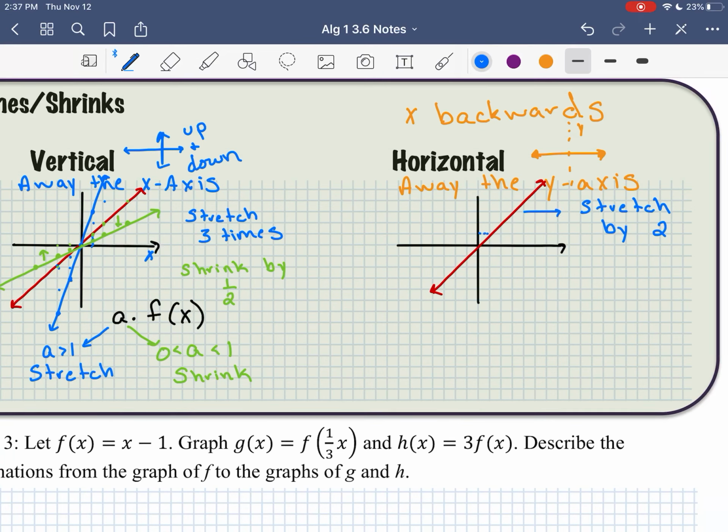So this one's over 1, I need to now make it over 2. This one's over 2, it now needs to be over 4. This one's over 3, now needs to be twice as far, over 6. Okay, this point down here is over 1, so now it needs to be over 2, twice as far. So that x-coordinate is now twice as far. So now my new line, when I do a horizontal stretch, is going to look like that. So there's a stretch by 2.